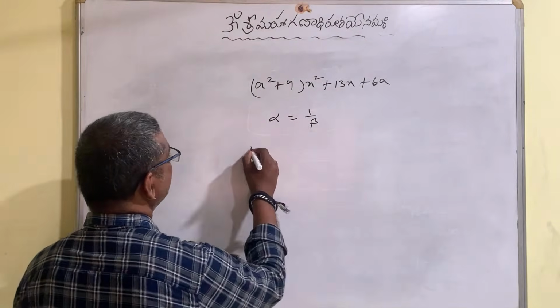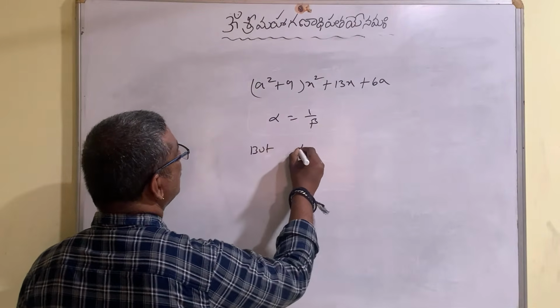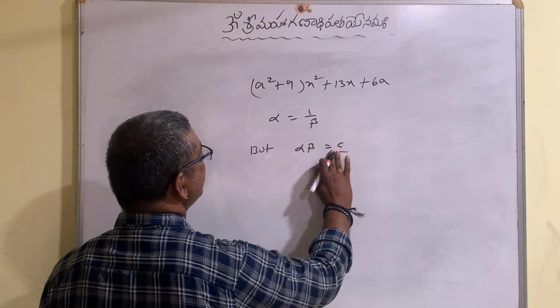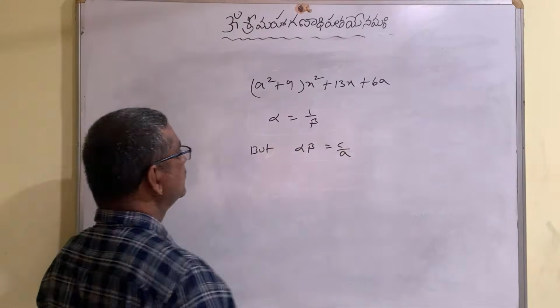But we know alpha beta is C by A. Is that right, children?